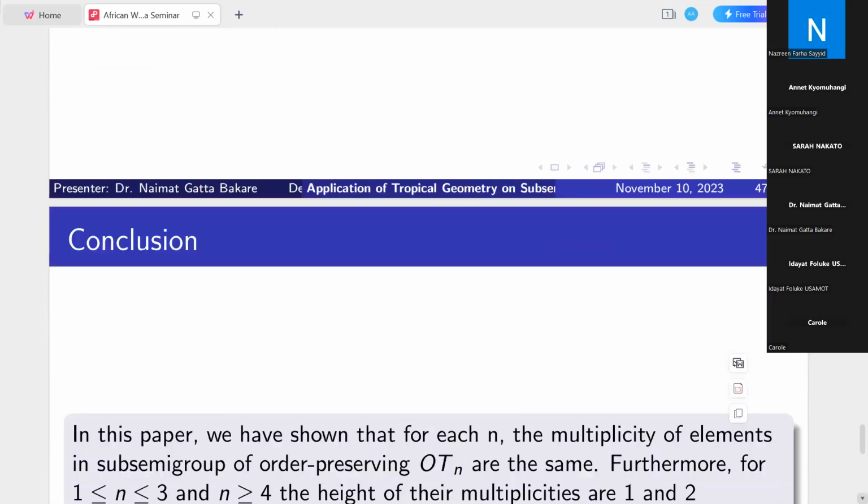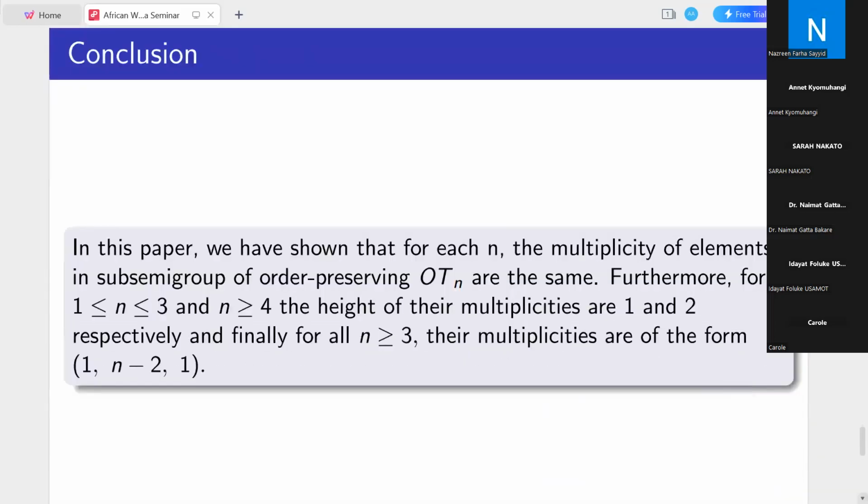So in conclusion, in this our paper, we have shown that for each n, the multiplicity of elements in the subsemigroup of order preserving, that is OTn, are the same. Because we are able to consider n equal to 1 to 3, and between 3 and the highest number, we have seen that their multiplicity is always the same.